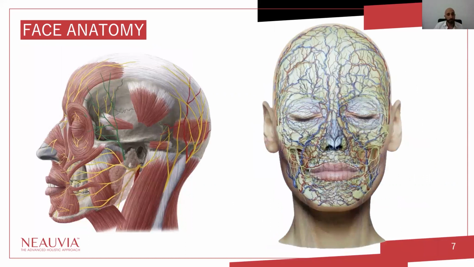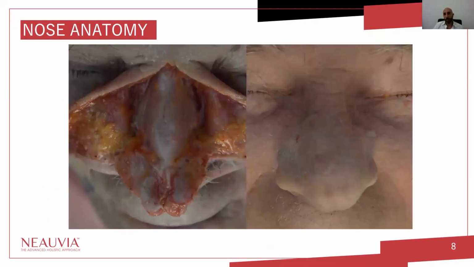The innervation of the nose is carried out by the trigeminal nerve, and of course, as we have many arteries, we also have many veins. This is important because in the choice of the filler to be injected, it's important to think also about the capability of vein compression carried out by the filler.